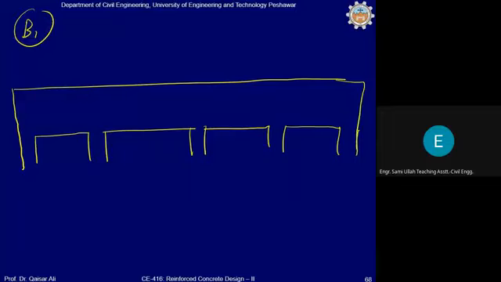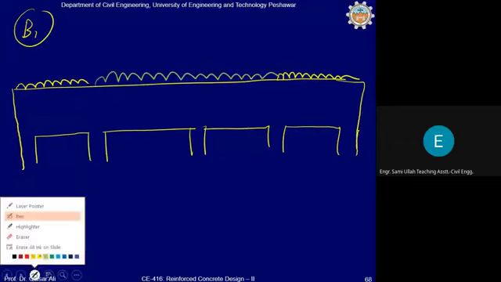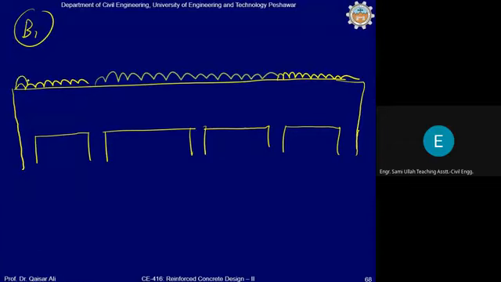Okay, so load acting on this span and these exterior spans, they are equal, and load acting on the interior span are also equal. Load acting on the exterior span is greater as compared to the load acting on the interior span.